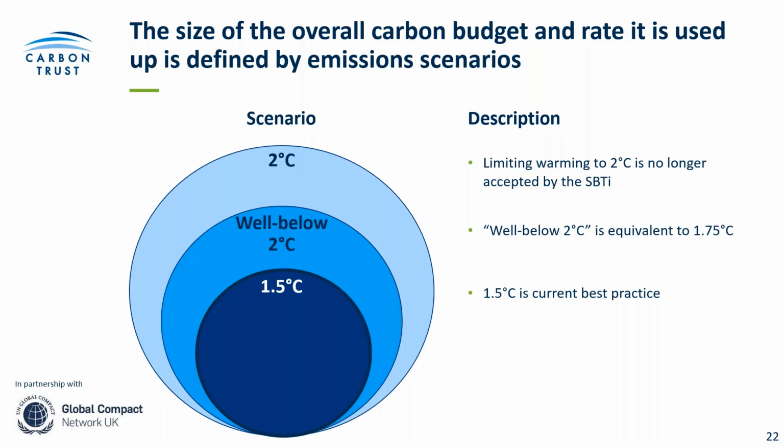That is a valid approach and will be validated by the SBTi. And then there's a 1.5 degree scenario. That is current best practice following the IPCC report issued in 2018. That is really what most businesses today are aligning to.